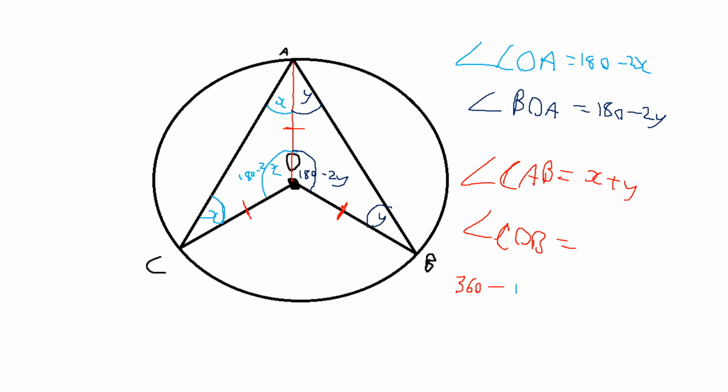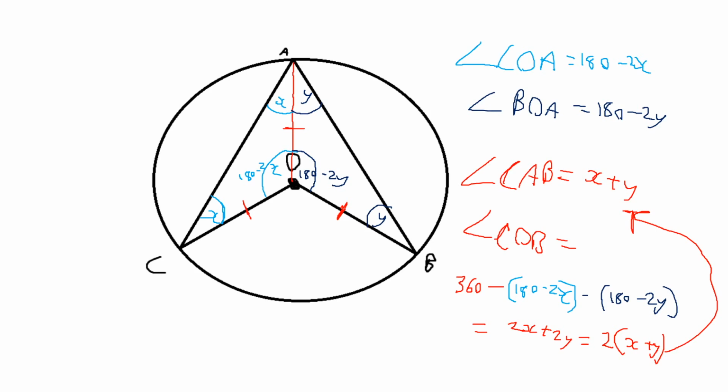We have 180 minus 2x minus 180 minus 2y. And when we simplify that, we get an answer of 2x plus 2y, which just so happens to be double x plus y, which is what we have here. And so therefore, this angle is twice this angle.